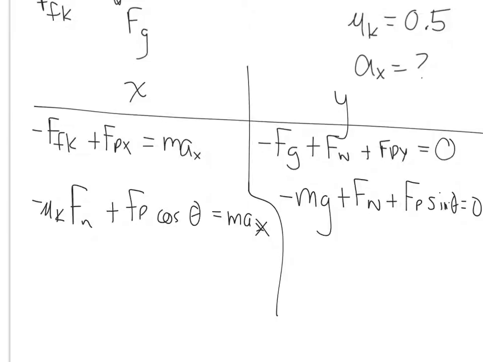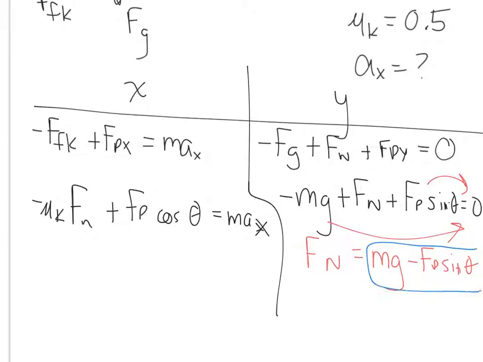And we're going to do the same thing, again, linking variable. Solve for Fn here. You're going to get a positive mg by adding that over. Subtract this over, giving you a minus Fp sine theta. This expression, mg minus Fp sine theta, is going to go in over here.